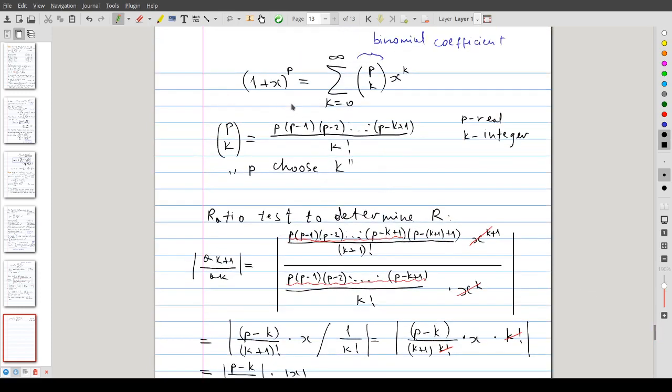If we assume that p choose 0 is always 1, regardless of the value of p.